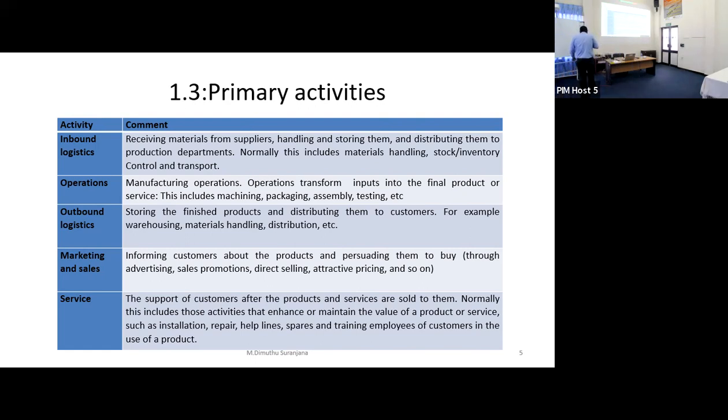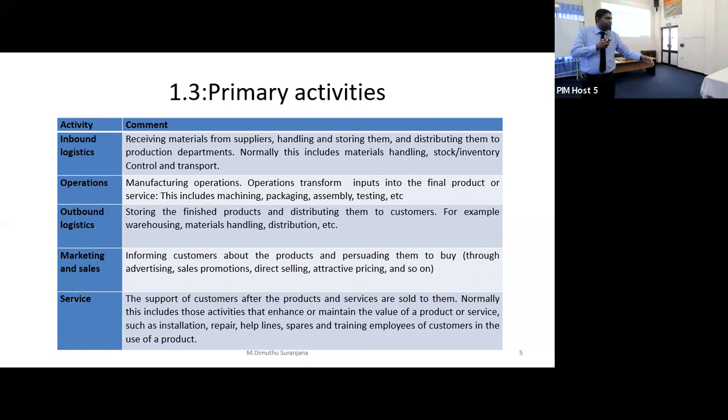Then outbound logistics. Here we talk about something going out from the organization. In inbound logistics, we talk about something which comes into the organization. What is going out from the organization? It should be finished goods. At the end of the operation, we have finished goods. There will not be a customer in front of us when we have produced the goods, no?